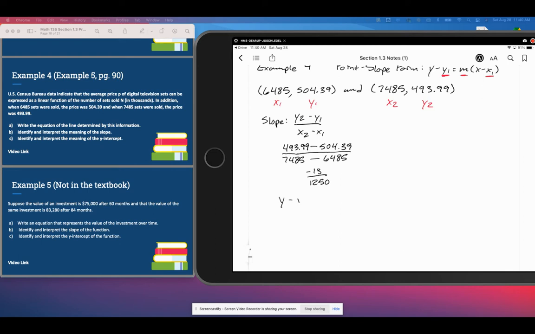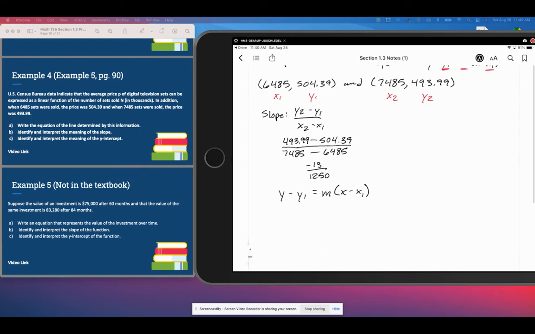So again, point slope form is y minus y1 equals m times x minus x1. And so our y value is just going to stay y. Our y1 value, going back up here, is 504.39. So we're going to bring that 504.39 back in for us down here. Our slope we found to be negative 13 over 1250.